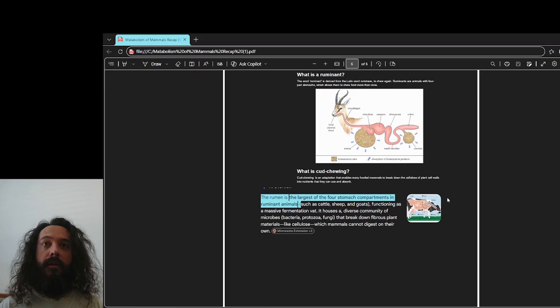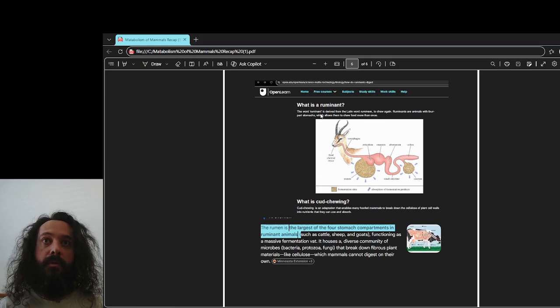And so what is a ruminant? The word ruminant is derived from the chewing again. Ruminants are animals with 4-part stomachs, which allows them to better chew their food. And it says that they access nutrients in doing so.